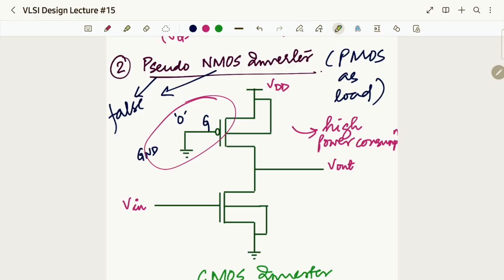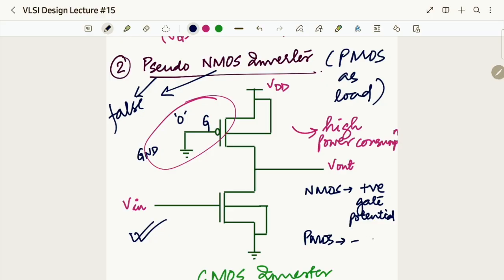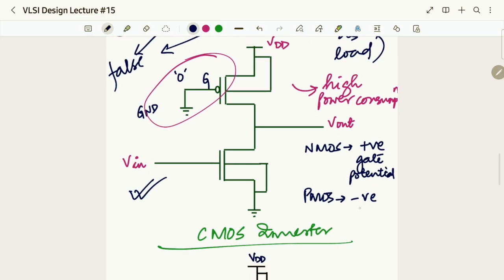Because if you remember, while discussing the device structure of an NMOS, I told you to turn on an NMOS, we need a positive gate potential. Okay, and I told you for PMOS it will be vice versa.